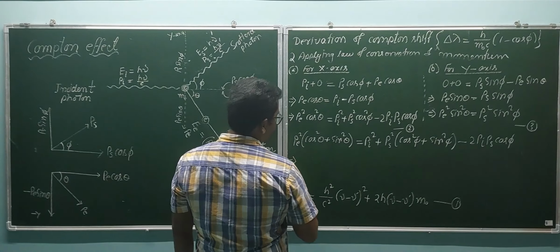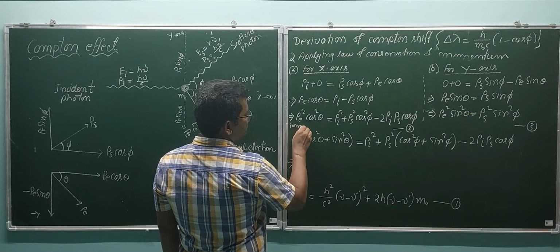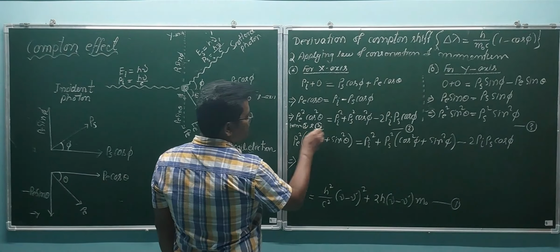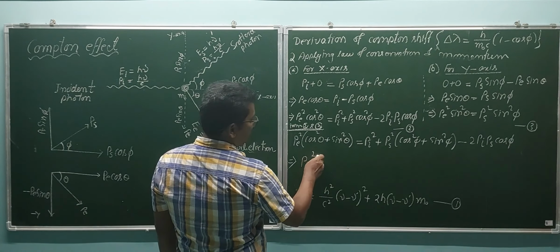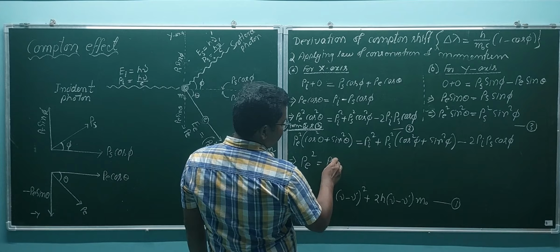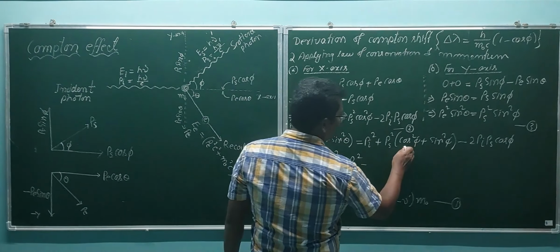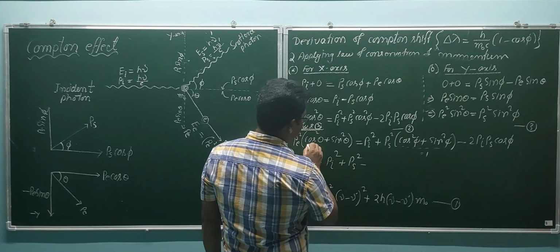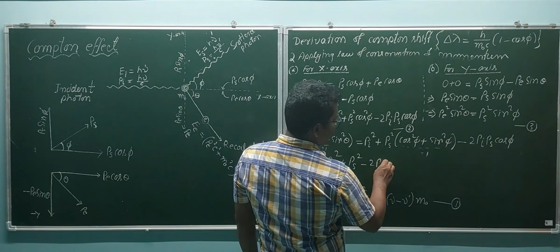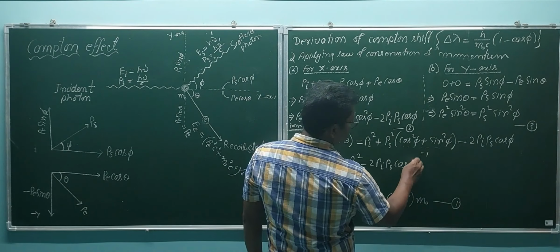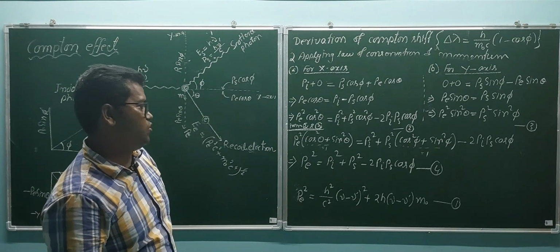After simplification, from equations 2 and 3 we get pe square equal to pi square plus ps square, since cos square plus sin square is equal to 1, minus twice pi ps cos phi. So this is equation number 4.